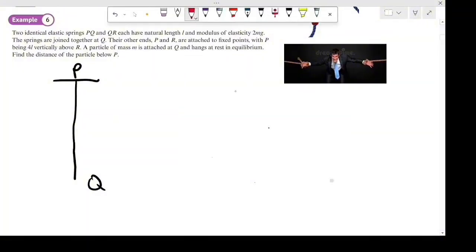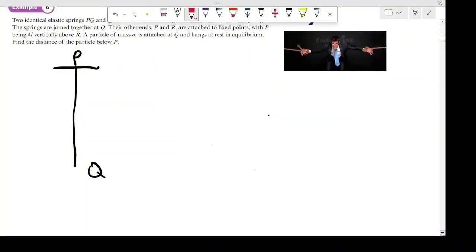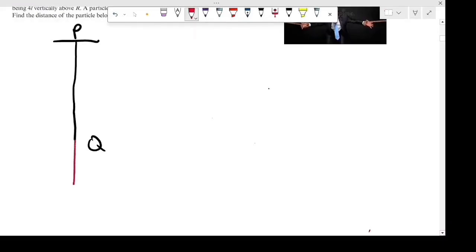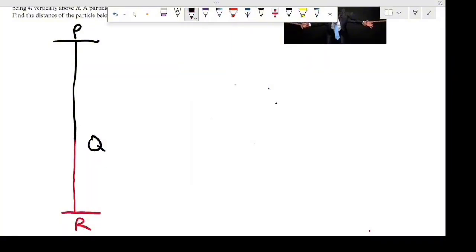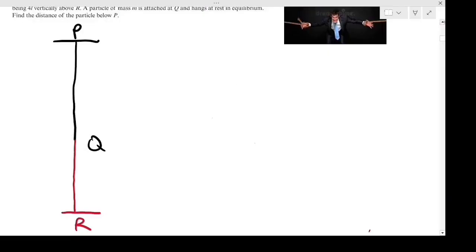The other spring is going to be like this, and then it's going to end at another fixed point R. Hopefully you can see that. So we've got these 2 strings in black and red, and they meet at the point Q.